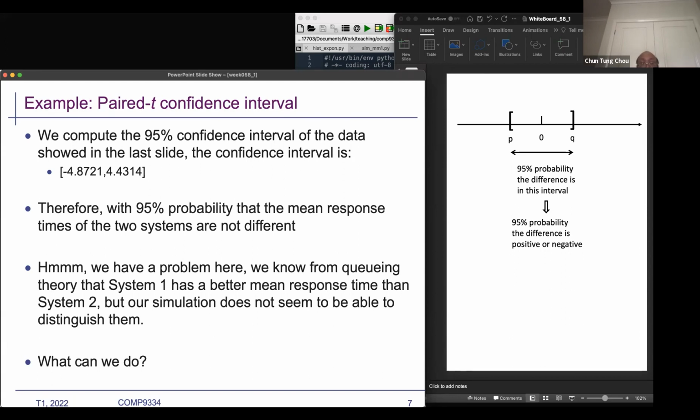If you have formulas to calculate the mean response time, you're saying for sure, 100% sure. So the higher the probability, the more sure we are; that is an advantage. Quite often people want to say 90%, then 95%, but we can decrease this confidence probability to 90 or even 80, but then we are saying something with less confidence. They do have a price to pay. Okay, so we need to realize that.